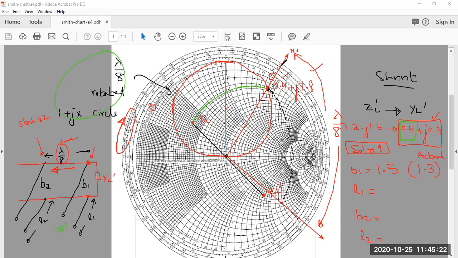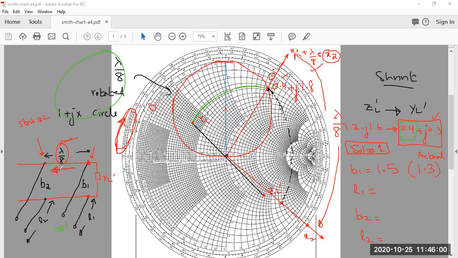So whatever reading you get, add lambda by 8 to that, and you will get a new reading that I call x2. Then find where x2 is on this scale, and you will find it is this one. Mark that point, draw a line from the center to it, and again you will be at this point. No matter which method you like, you will always end up at the same point.